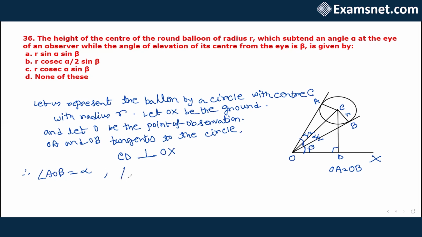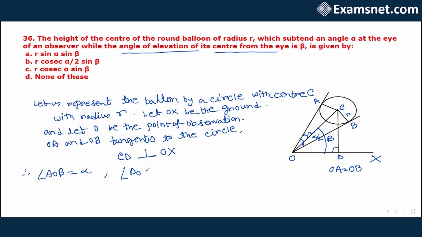Since it is said that the angle of elevation of its center from the eye, O is the position of the point of observation, I mean the eye, and C is the center.